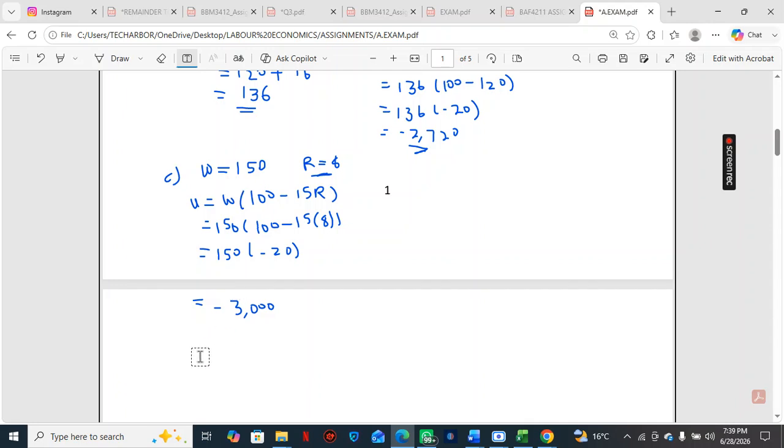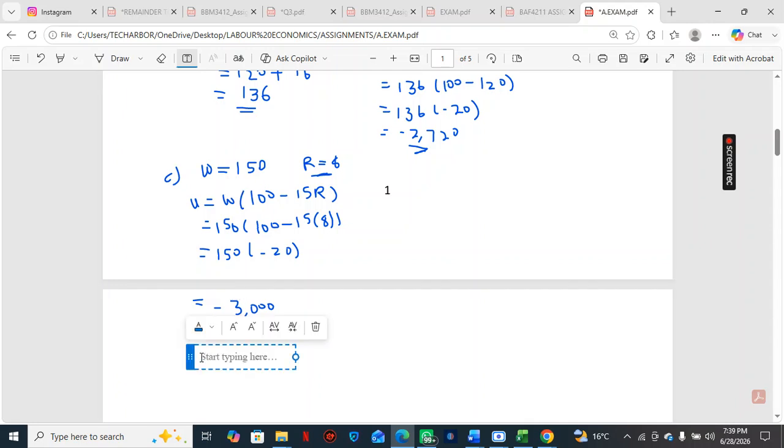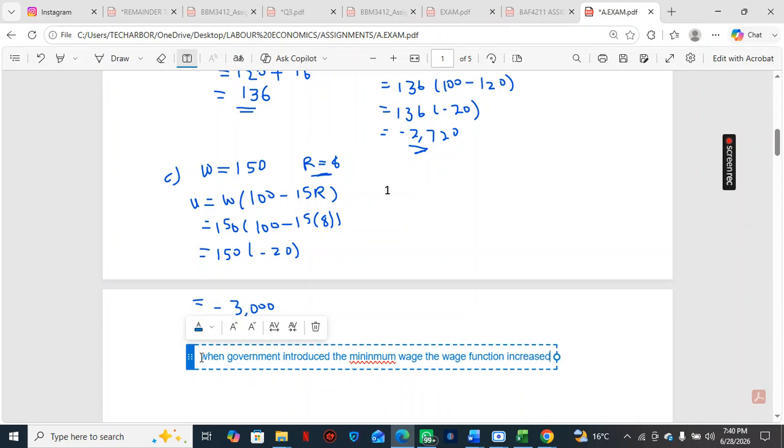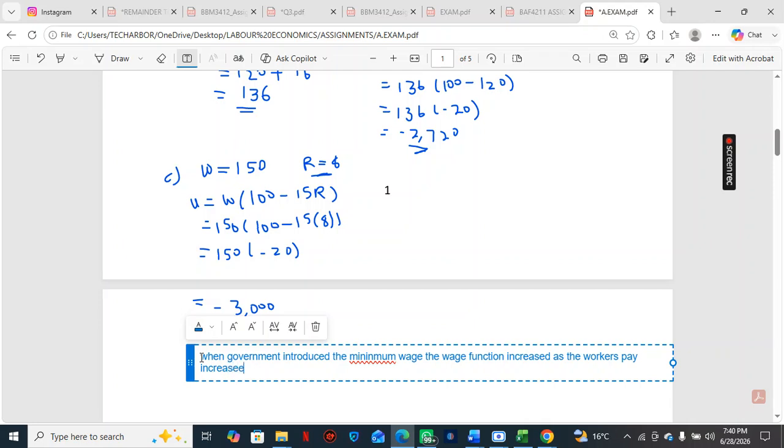Yes, so we can say this. When government introduced the minimum wage, the wage function increased as the workers' pay increased from 136 to 150.